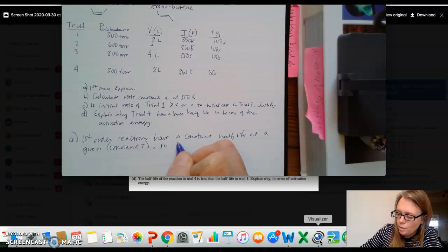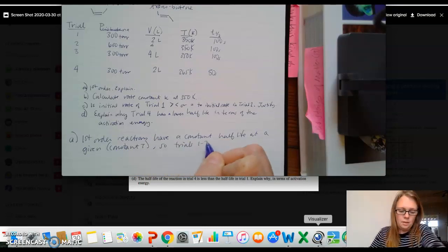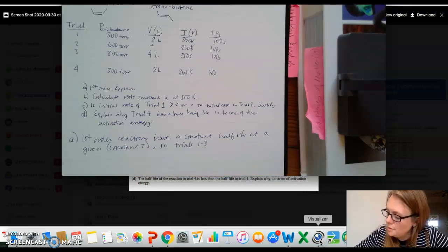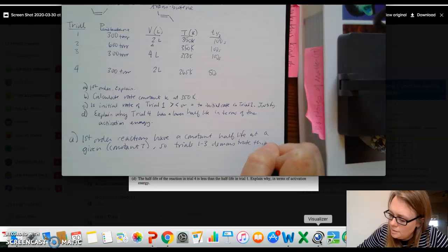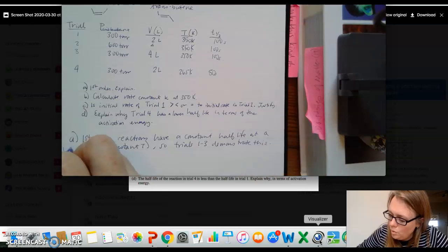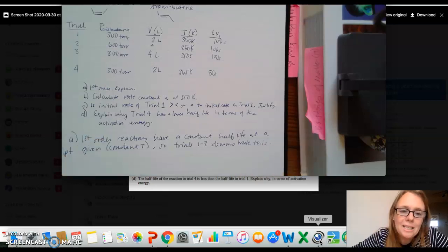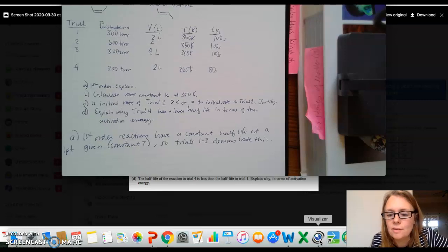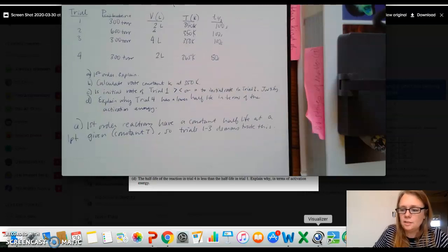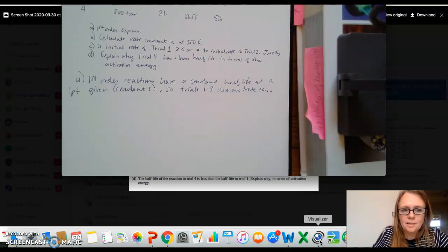So trials 1 through 3 demonstrate this, and this is a 1-point question. You had to use trials 1, 2, and 3 and reference the fact that half-life is constant for a given temperature. If you did that, give yourself a +1. Good job. All right, so let's look at the second piece of that.